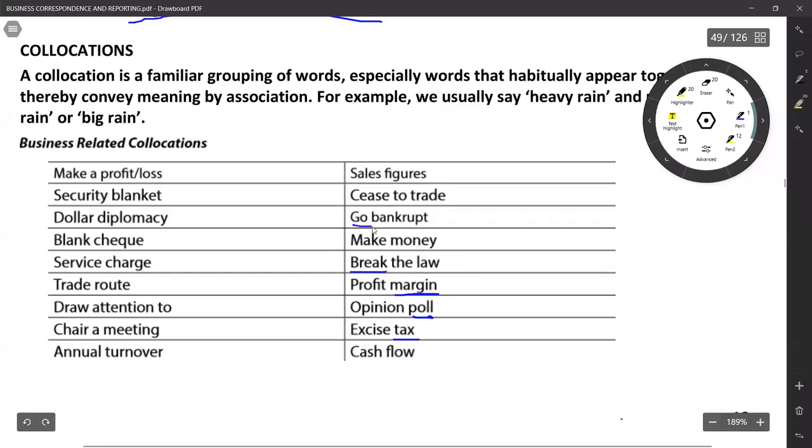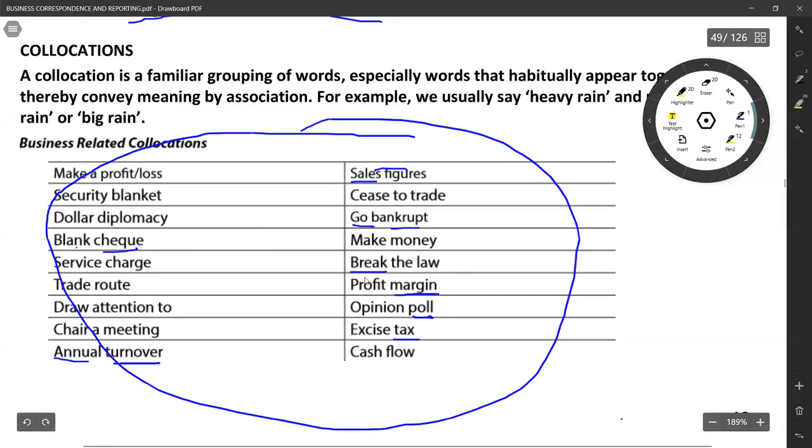Go what? Go bankrupt. Sales estimates, sales figures. Annual turnover, monthly turnover, year-on-year turnover. Check, blank check. Correct. These are very commonly used in our day-to-day lives.